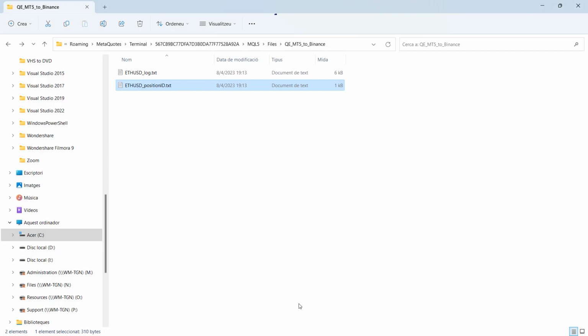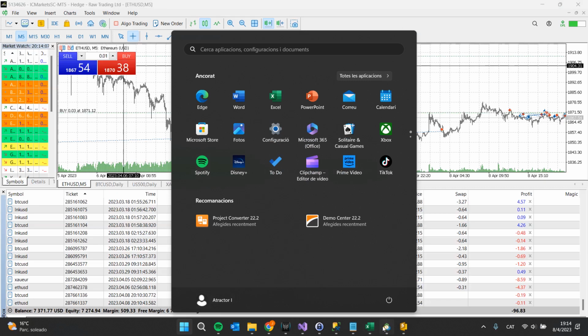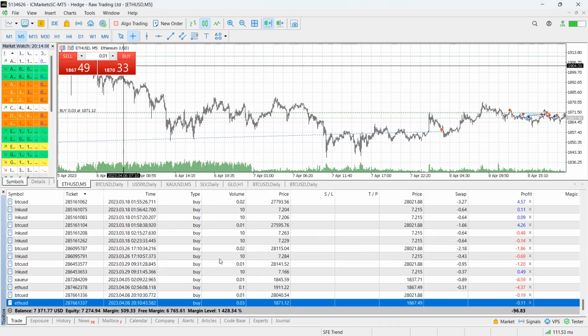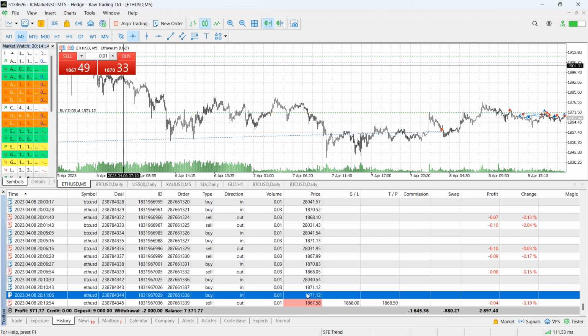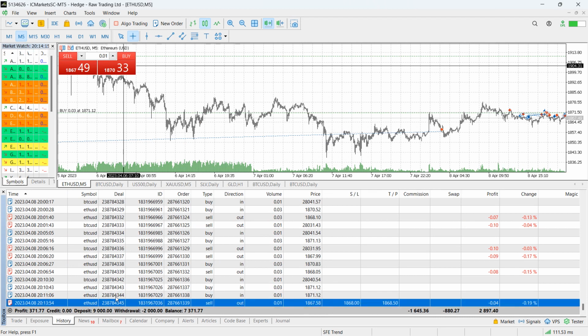Now let's see if the trade has hit. Yes, the trade has hit the stop loss, at that hour, 20:13.